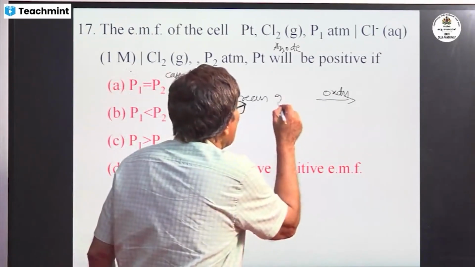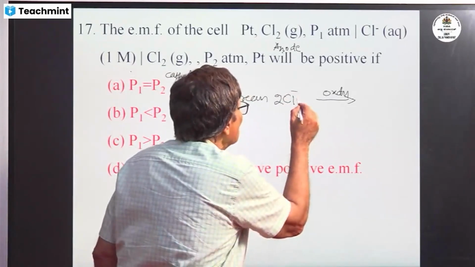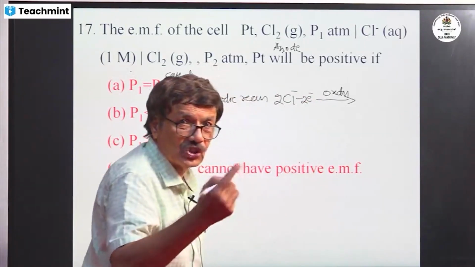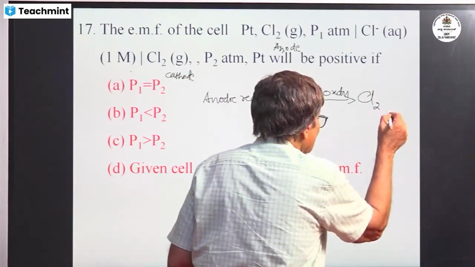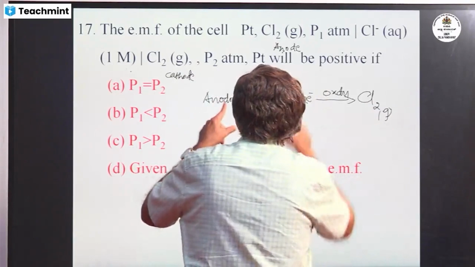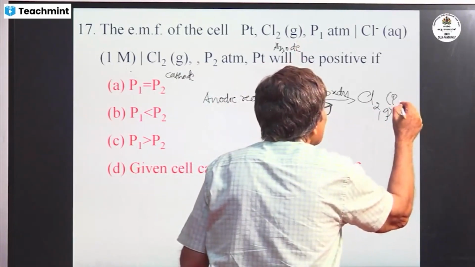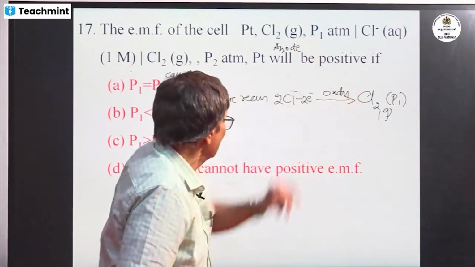Two chloride ions lose 2 electrons and give chlorine gas. The anode is this chlorine gas at partial pressure P1.